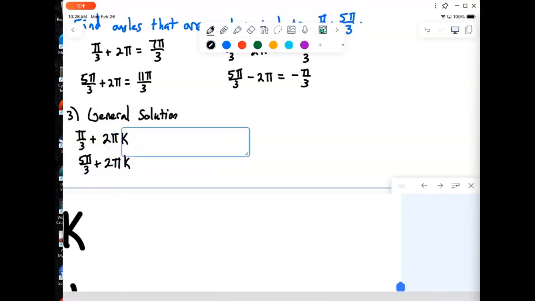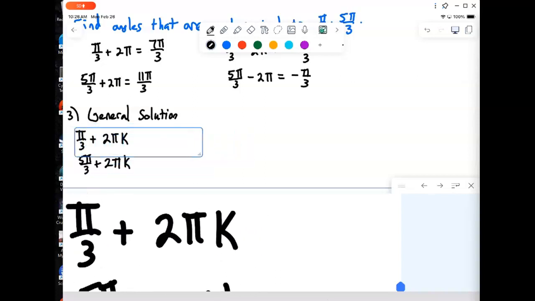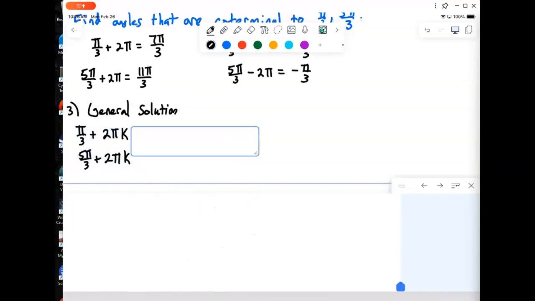Now, in some circumstances, you can actually reduce these two answers down to a single answer. That usually happens with tangent functions. But aside from that, we generally end up writing out the two solutions.